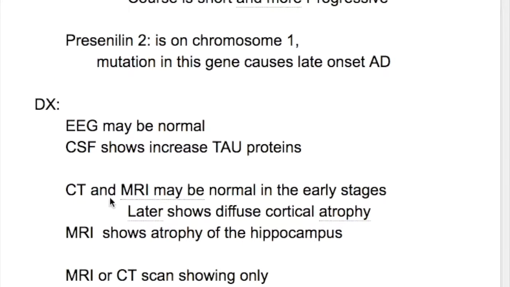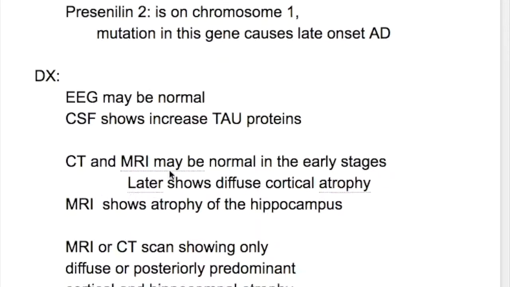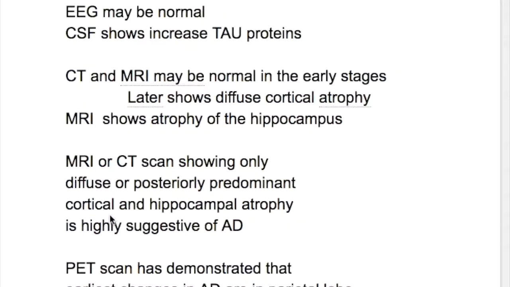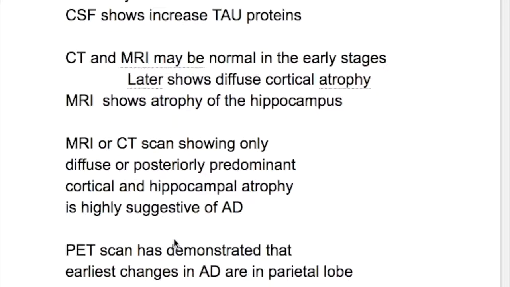How about CT and MRI? CT and MRI may be normal in the early stages, but later they show diffuse cortical atrophy. MRI shows atrophy of the hippocampus also. The MRI or CT scan showing only diffuse or posteriorly predominant cortical and hippocampal atrophy is highly suggestive of Alzheimer's disease.